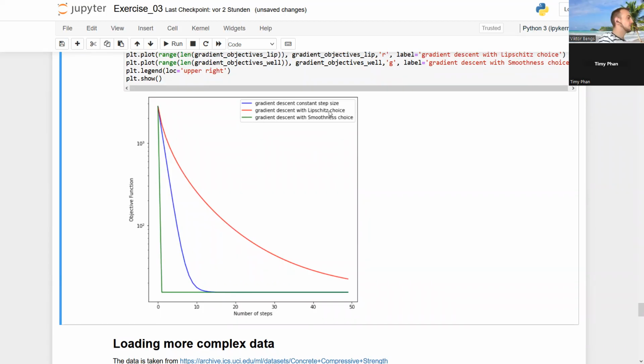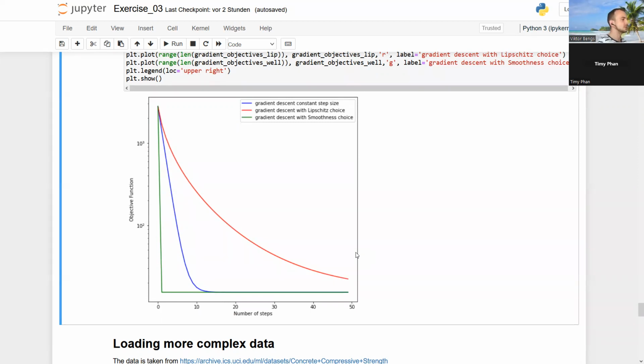So this is perhaps by coincidence, because the constant step size 0.3 was in fact here a good idea. If we do something different, 0.1 or something, quite slow step size, then it might also happen that the constant step size is above the Lipschitz choice.